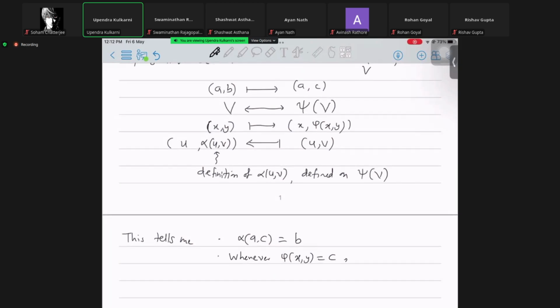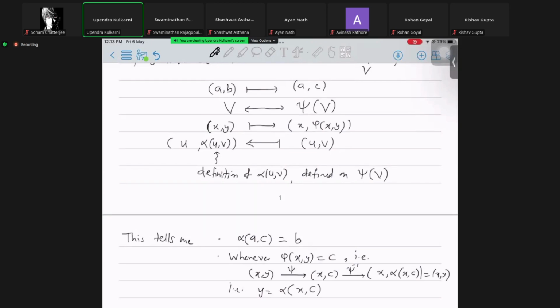If you want to be painful here, I have (x, y) under the map psi going to (x, c), which under psi inverse is going to go to, well, I have the definition, (x, alpha of (x, c)). But that has to equal (x, y), right? Because these functions are inverses. So this says that in this case, y has to equal alpha of (x, c).